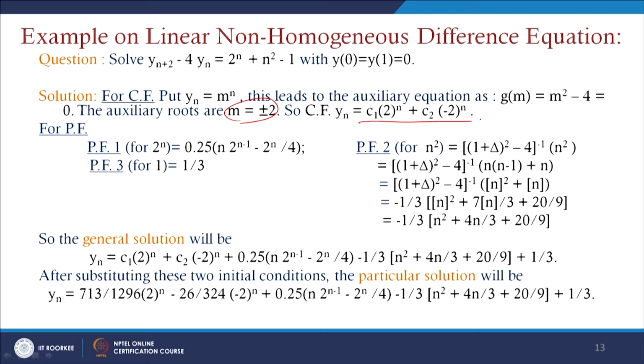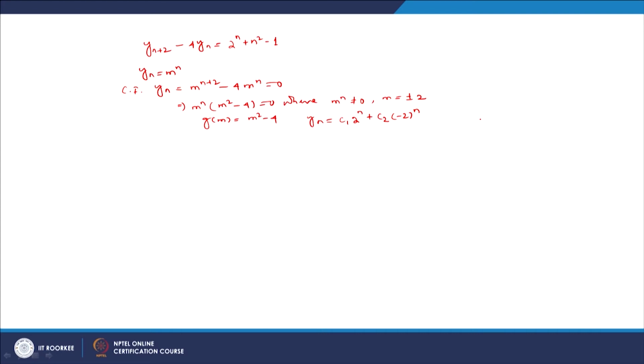Then we go for the particular function. The particular function of y n can be expressed as 1 by g of m acting on 2 to the power n plus n square minus 1, which can be written as 2 to the power n by g of m plus n square by g of m minus 1 by g of m.